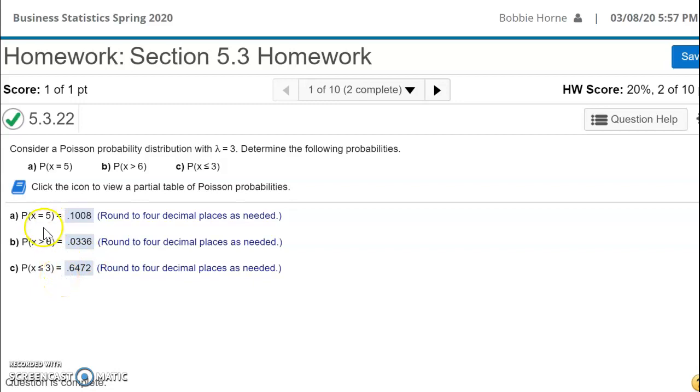Now, if it's equal to or less than or equal to, you just find the values in your table. If you wanted to know the probability that x is less than or equal to 3, that means you want the probability of x being 3, 2, 1, and 0.